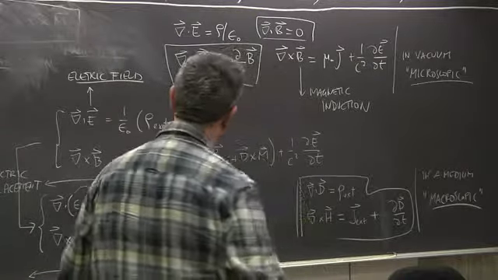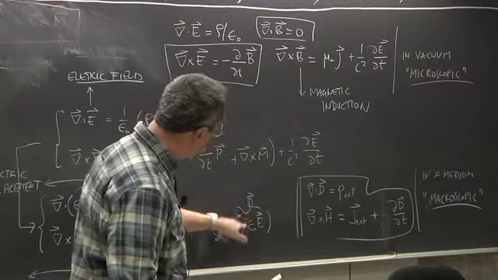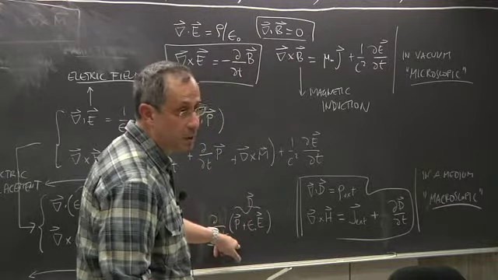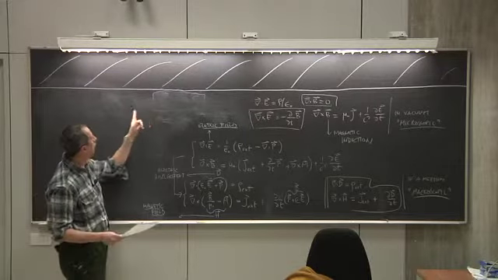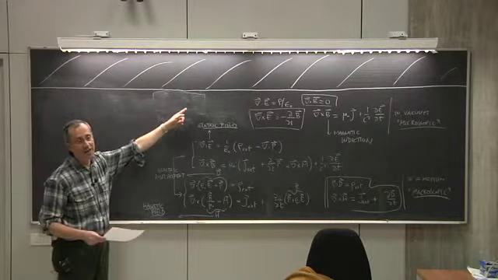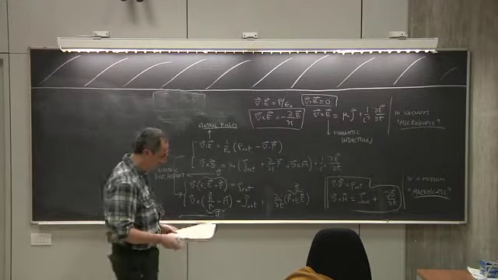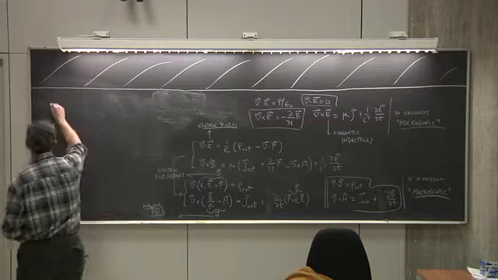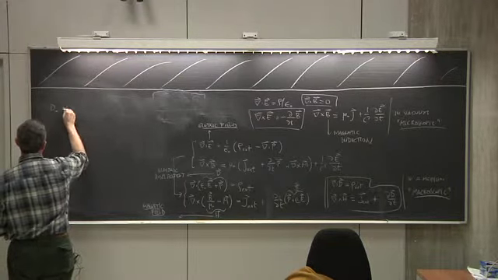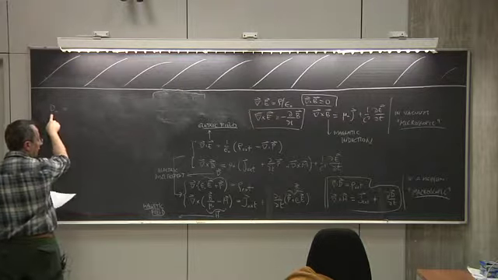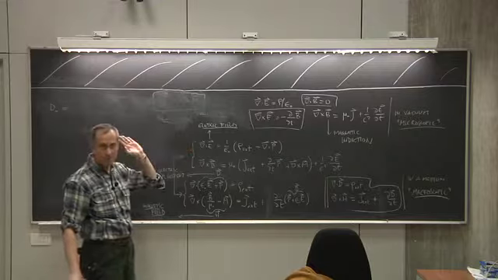But let me just say, this is all I wanted to say, but actually this is a sort of simplification, because I assumed that this was the end of the story, but the story is more complicated. You want to know clearly the relationship between, let's write it in components, the electric displacement and the electric field.